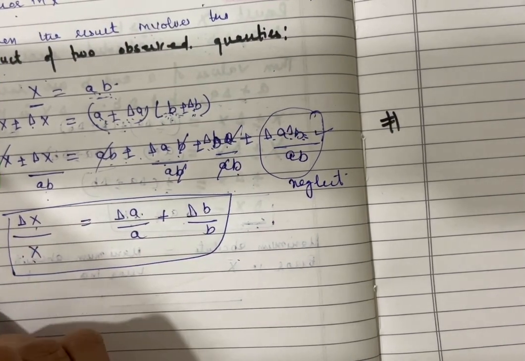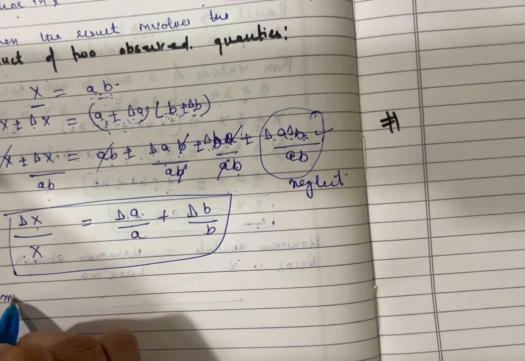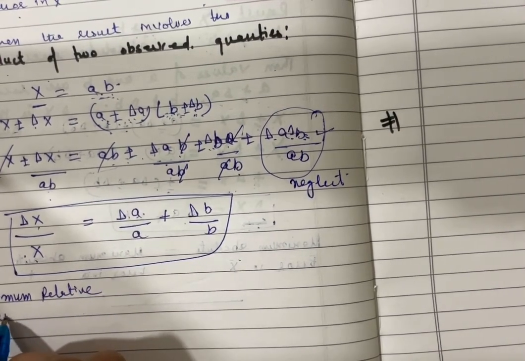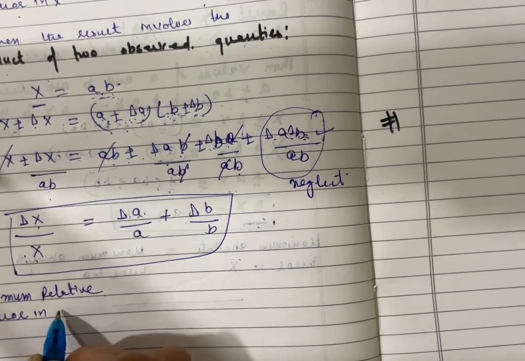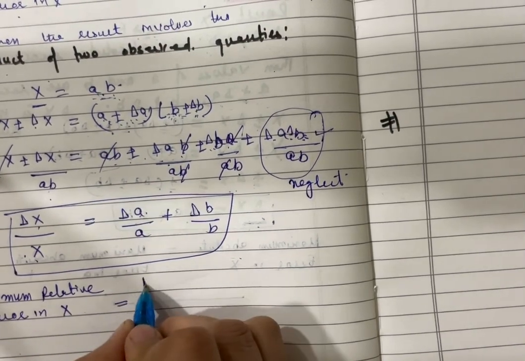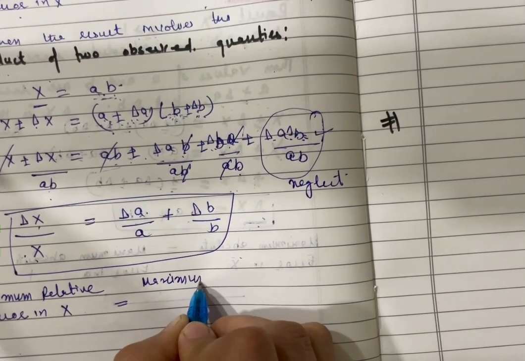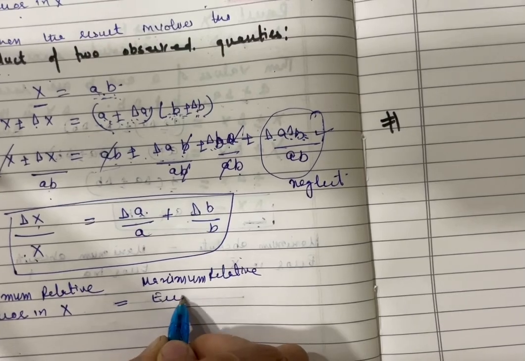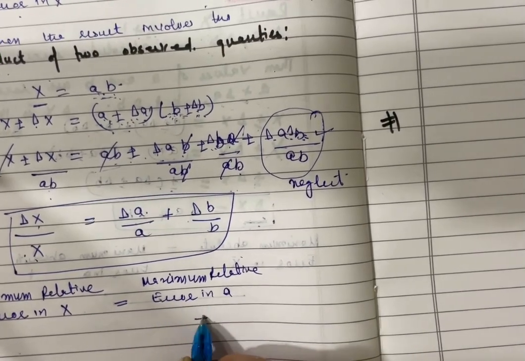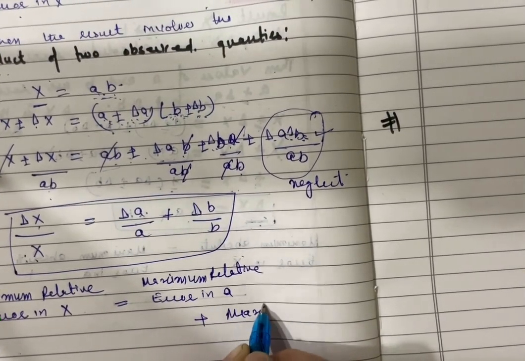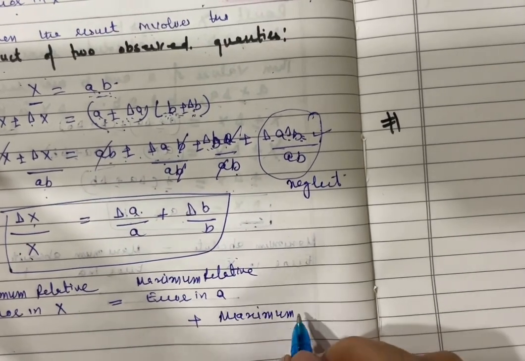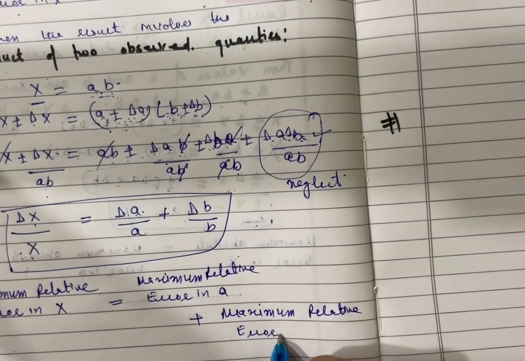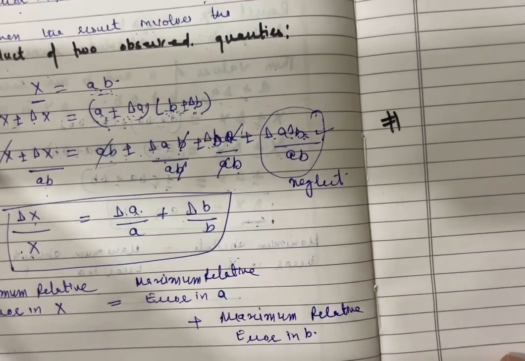So we can say the maximum relative error in x is equal to the maximum relative error in A plus the maximum relative error in B. Clear to all, beta? Very important from the examination point of view.